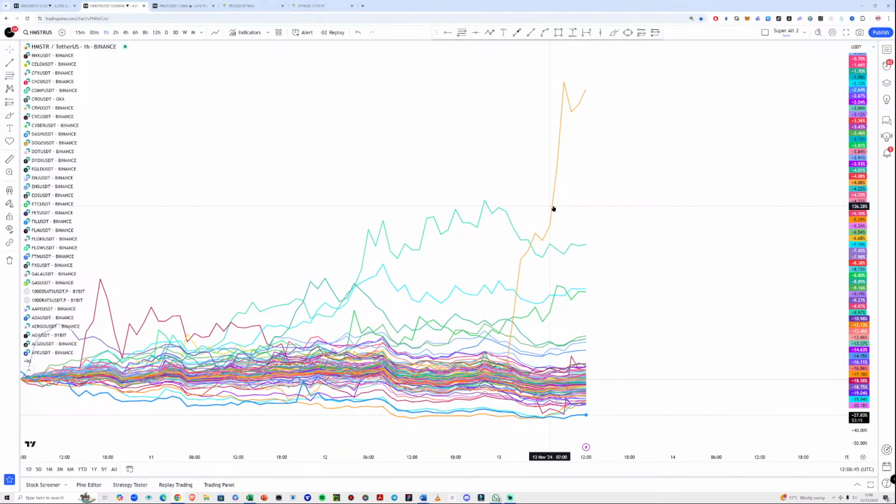So we're looking for outliers such as peanut. To distinguish which the outliers are, you simply double click, Peanut USDT, and then go on to its basic isolated candlestick chart.